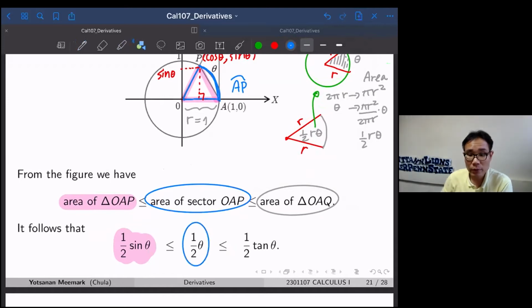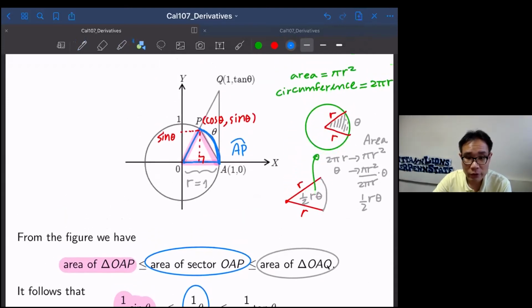The next one will be the area of the largest triangle, OAQ. The largest triangle will have the area equal to what? You have the base equal to 1, and you will have the height here. The height here turned out to be equal to tan theta. How would I have tan theta?